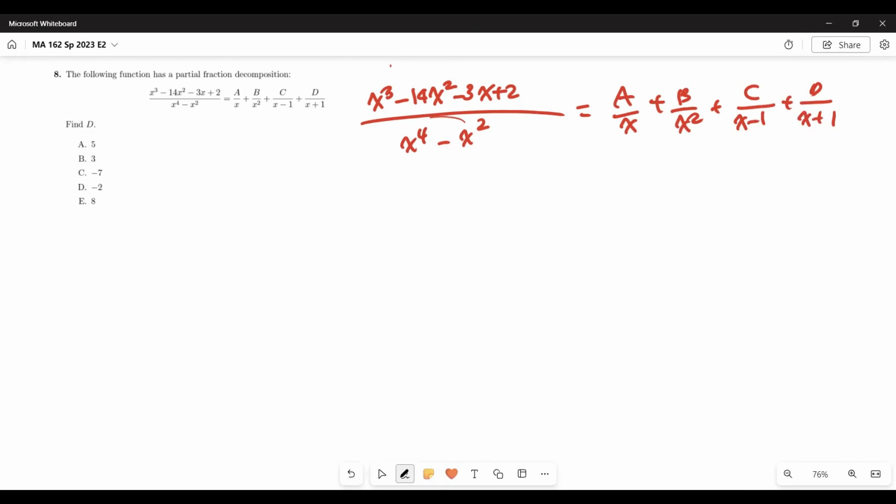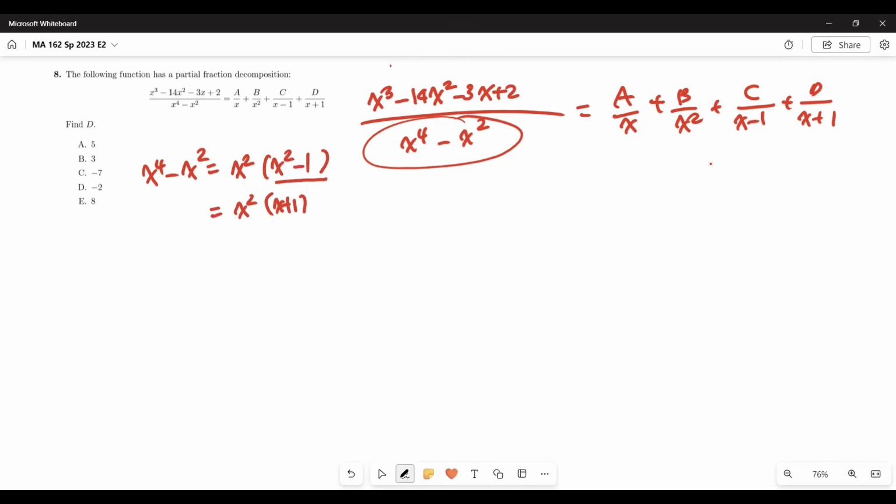You can decompose this x to the fourth power minus x squared. You can group them at first, right? x squared times (x squared minus 1), and then you can separate that x squared minus 1 into (x plus 1)(x minus 1), right? Now let's write that in our denominator.